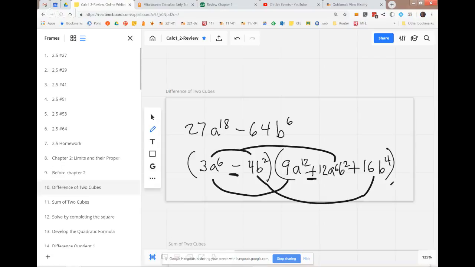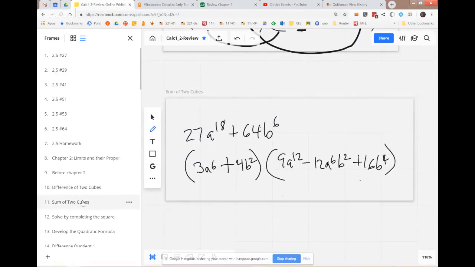Then comes the trinomial. 3a to the 6th squared is 9a to the 12th. 4b squared squared, 16b to the 4th. And then when you multiply these two, you get 12a to the 6th b squared. And this middle sign is always the opposite of the sign in the binomial. Anyway, there's the same thing, only this time you have the sum of two cubes.